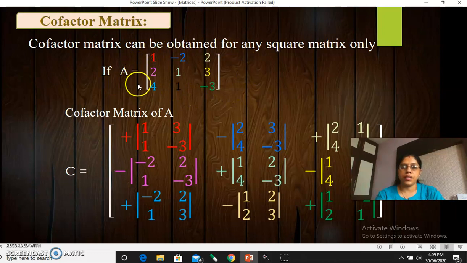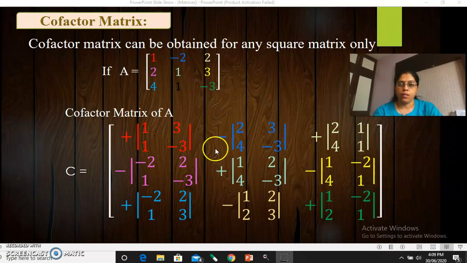So let's consider a 3 by 3 matrix first of all. It's a 3 by 3 matrix, 1 minus 2 2, 2 1 3, 4 1 minus 3. While finding the cofactor matrix of this given matrix A, the cofactor matrix is denoted by capital C. Your cofactor matrix is again a matrix of order 3 by 3.